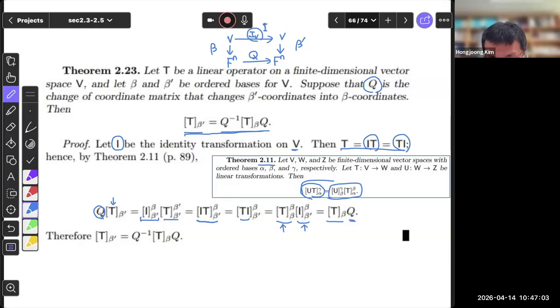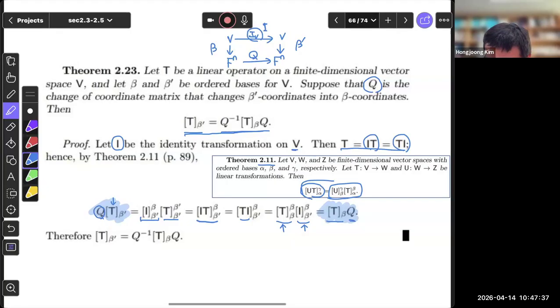So this product of two matrices will be the same as this, and Q is a matrix representing the identity mapping, right? So Q must be invertible. Please remember that if a matrix represents an invertible mapping, then the matrix must be invertible.